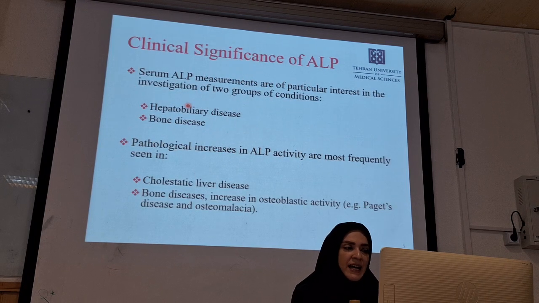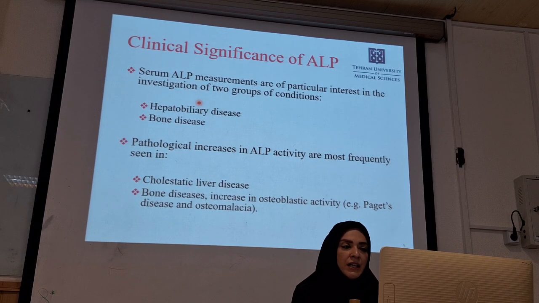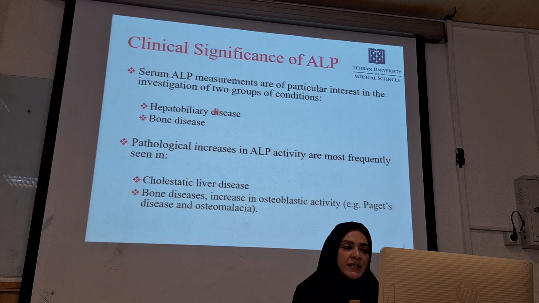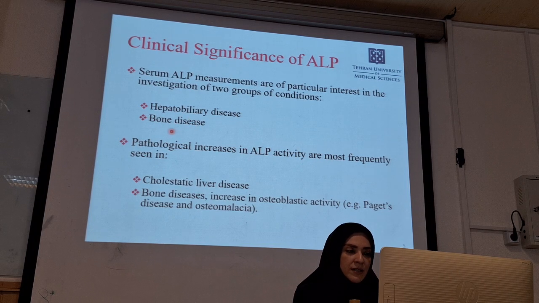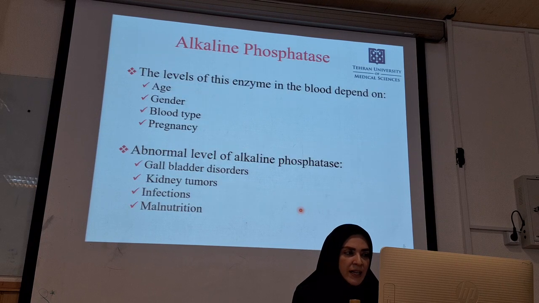About its significance, as I mentioned, the serum enzyme alkaline phosphatase is very important in some liver diseases, like hepatobiliary disease, and not only liver but also bone disease are considered as clinical significance of the measurement of this enzyme. For example, in cholestasis of the liver, and in bone disease, because we have some alteration in the activity of some cells, we have alteration of this enzyme.